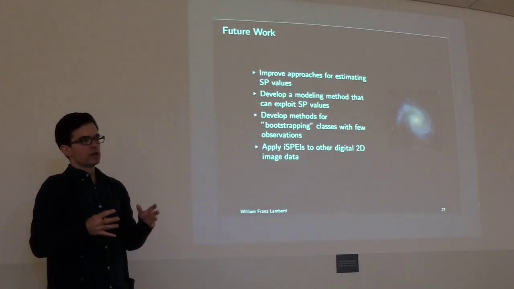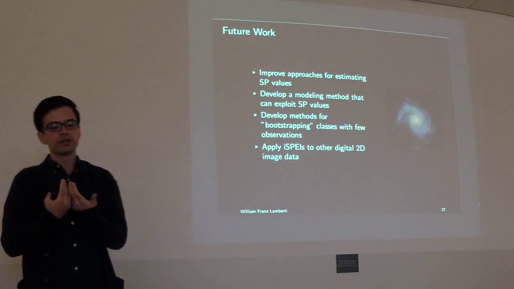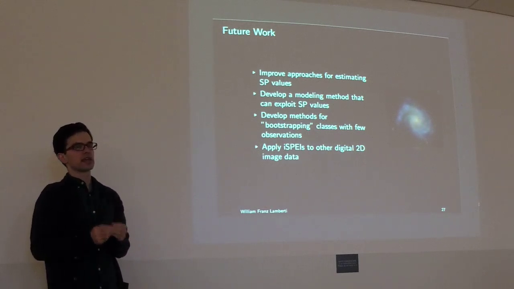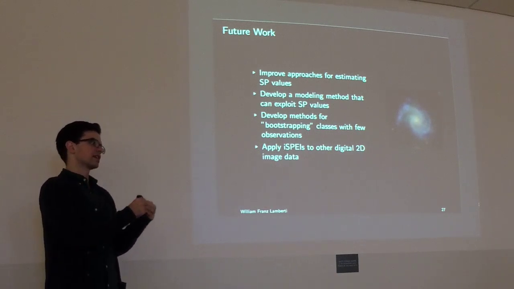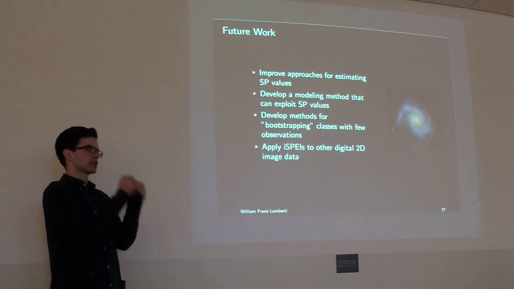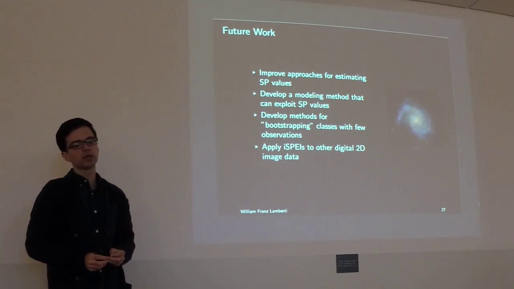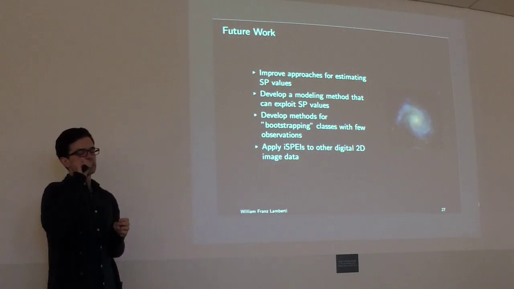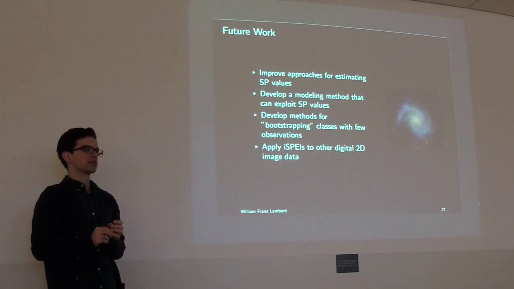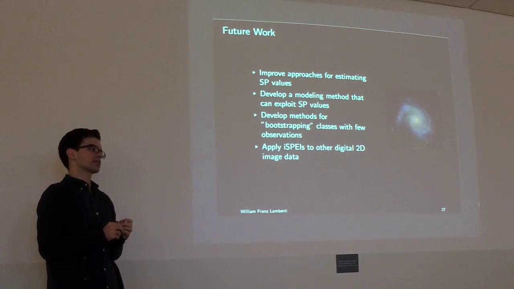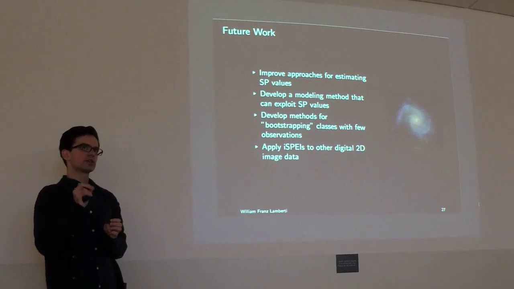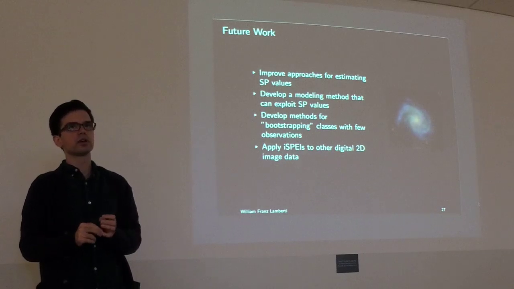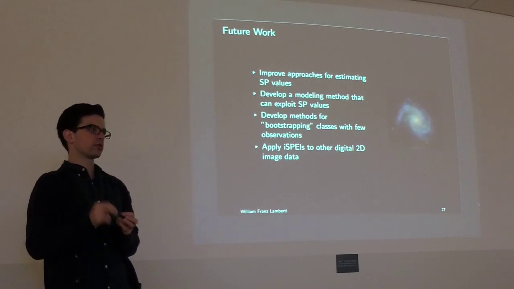Okay. So in the future, there is a lot of work to be done on appropriately estimating the SP values. And one of those things is investigating if the binomial distribution as a starting point is even appropriate. Another is to develop a method that, once those SP values are estimated appropriately, can be exploited for classification purposes, using a modeling method that is explicitly using those SP values in a direct approach.